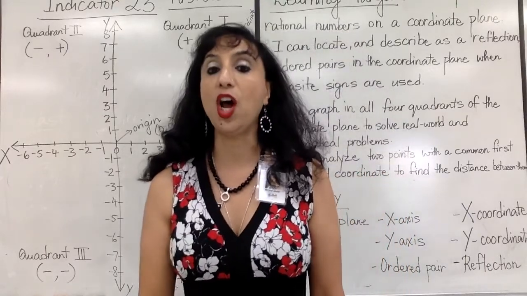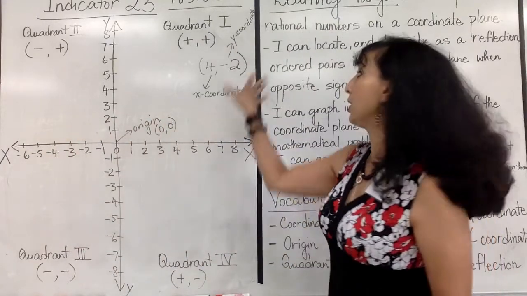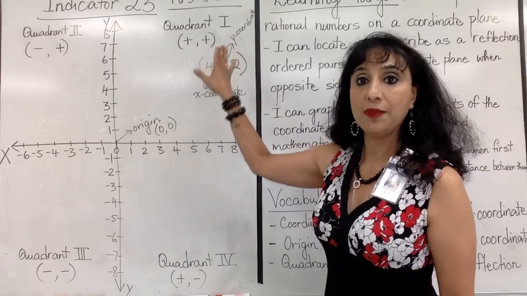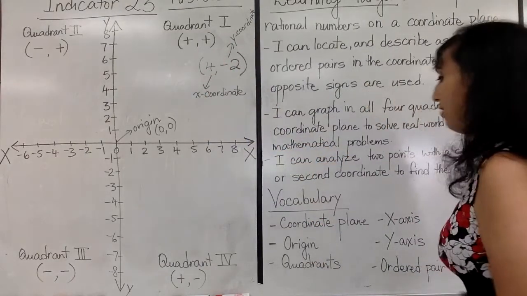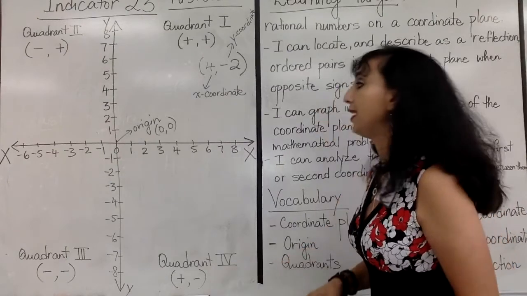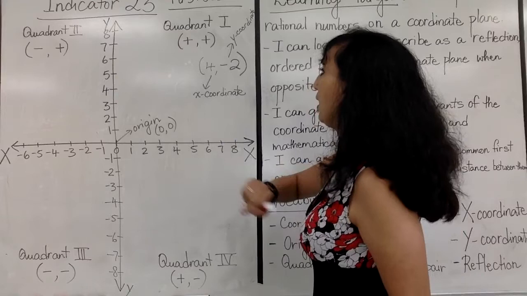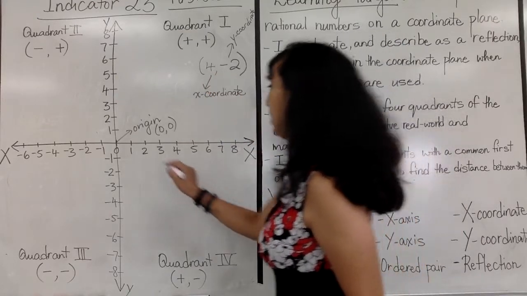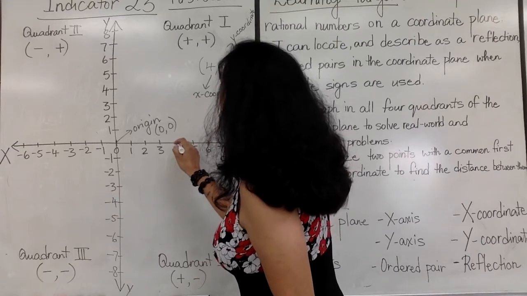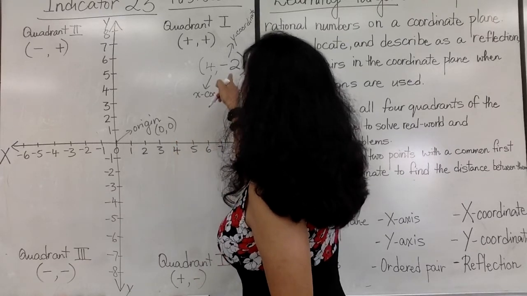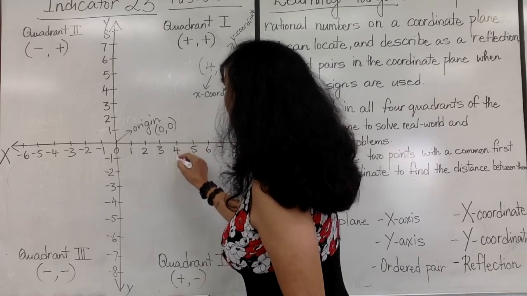So if I say plot 4, -2, like I've written over there, this is called an ordered pair. The first one is the x coordinate, second one is the y coordinate. Now if I was going to plot this, I would look at x first. I have 4, which is here. Then I look at y, which is -2, down here.